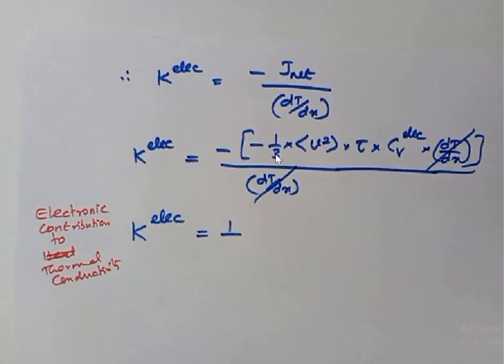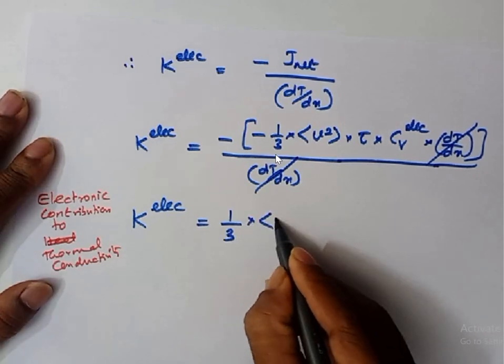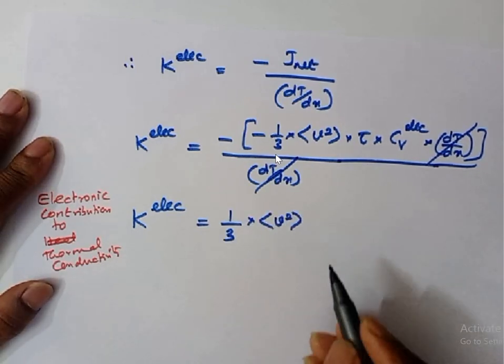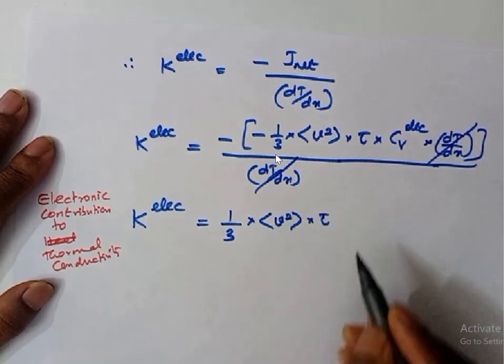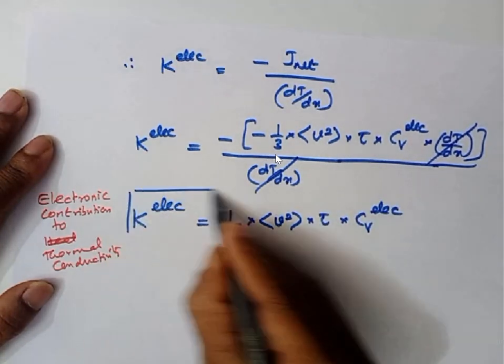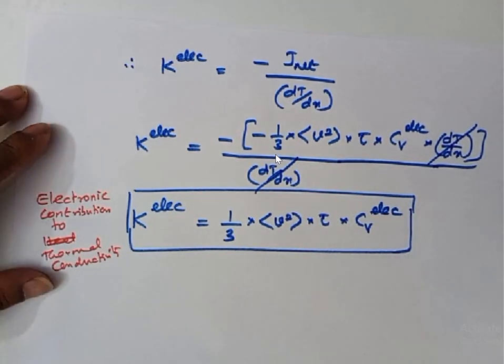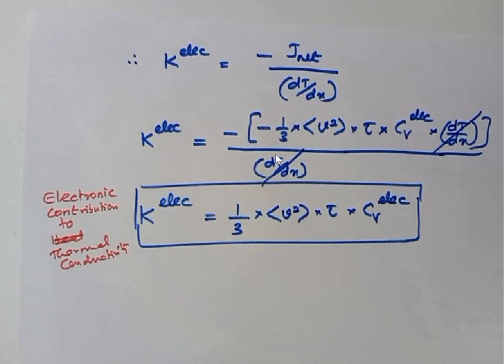It is nothing but 1 by 3 into average of the square velocity into tau into C_V electronic. Yes, this is the expression for thermal conductivity of metal by Drude's equation, right? This is Drude's equation for thermal conductivity of metals.